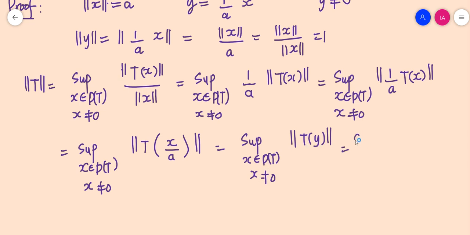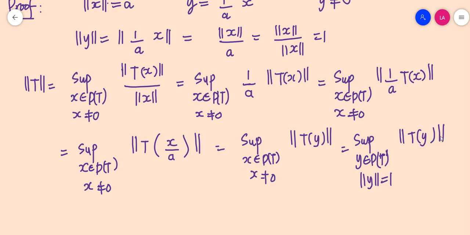So we can write it as the supremum over y an element of D(T), norm y equal to 1, of the norm of T y. So norm T can be written as the supremum over y an element of D(T), norm y equal to 1, of norm of T y.